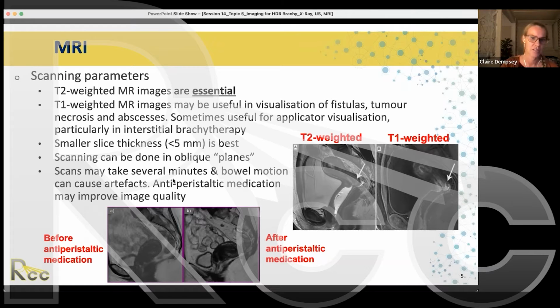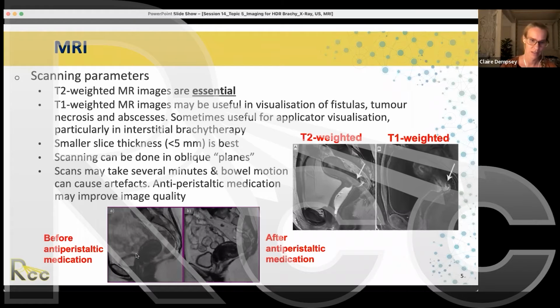The two images you can see at the bottom of the screen: the one on the left is before anti-peristaltic medication is taken. We give our patients a Buscopan injection prior to their MRI scan, and that reduces bowel motility for 15, 20 minutes, which allows us to take a scan with reduced motion artifacts in the bowel.